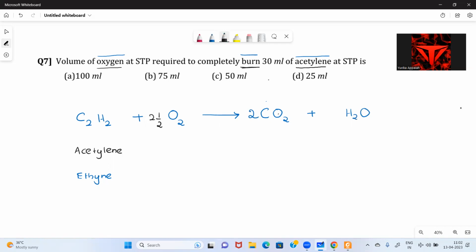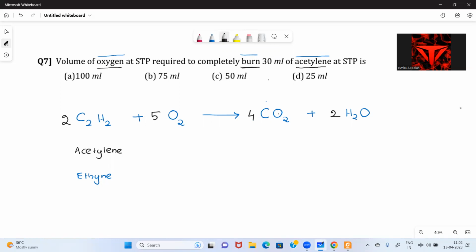Yes, sir. Can we leave it as fractions? No, we can leave it as fractions, no problem. Even if you write it as 2.5, it's fine.